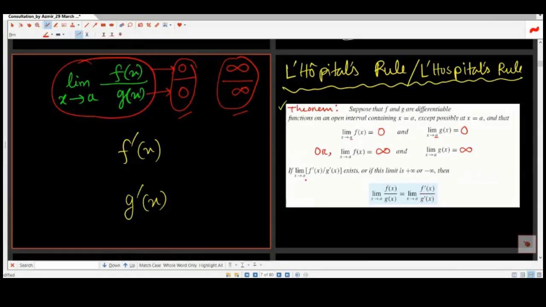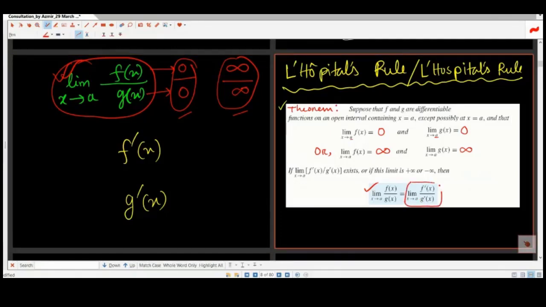Now we can see that this right side limit may exist or maybe plus infinity or minus infinity. That means there are three scenarios here. The limit of f of x over g of x will be equal to the limit of f prime x over g prime x as x approaches a.